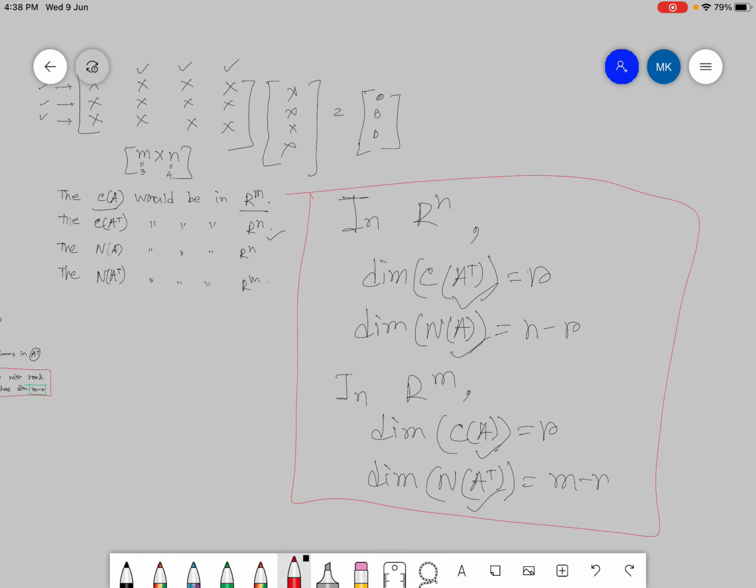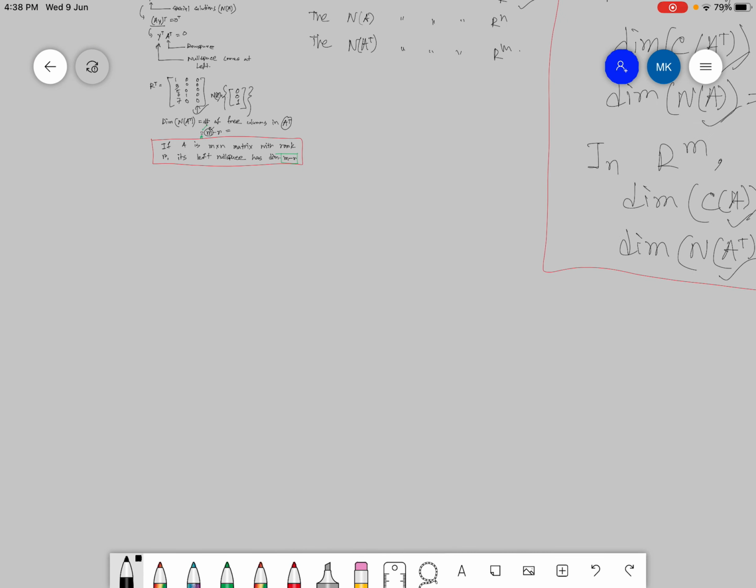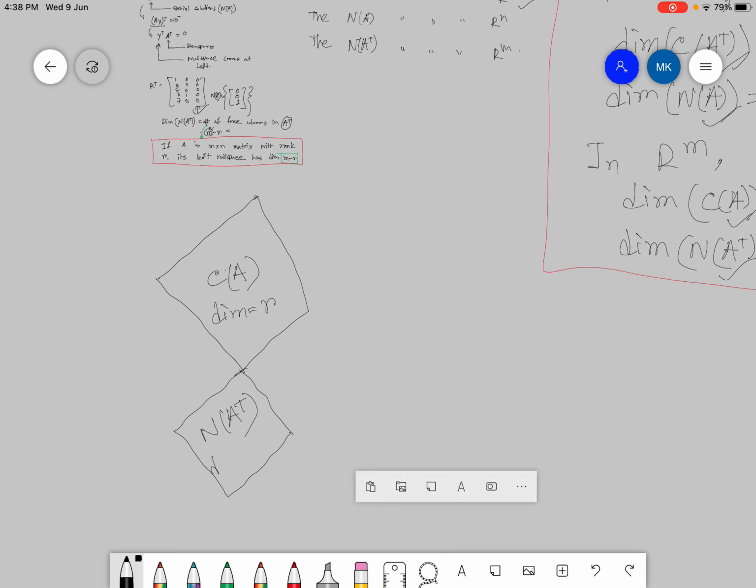So if I try to draw the bigger picture here, let's say this is the column space of A. So the dimension is the same as the rank, and this is connected to the left null space.